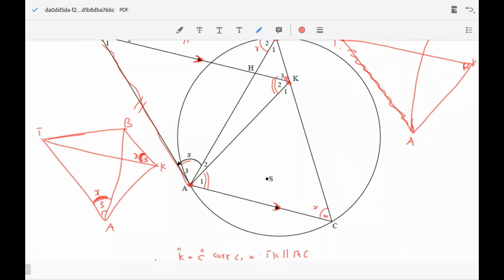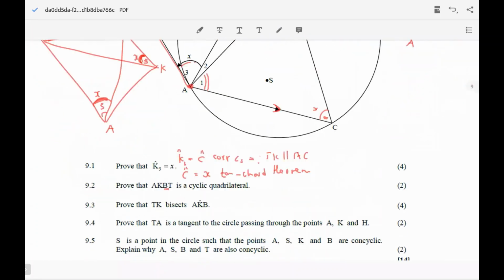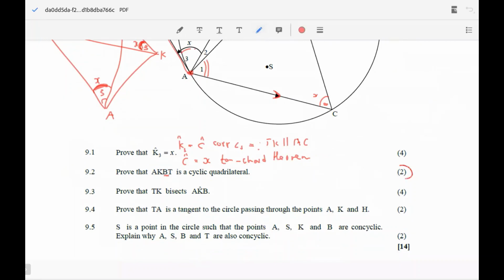And this explains why the question was only 2 marks, because the examiner saw that you're not supposed to go through a lot of hassle. So we would state that angle K3 is equal to angle X, and X is equal to angle A3.